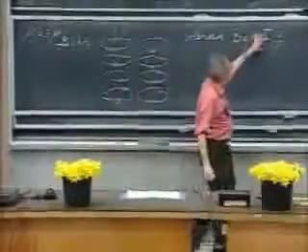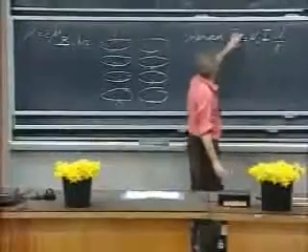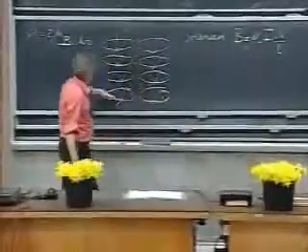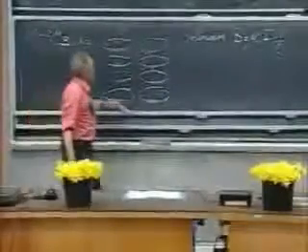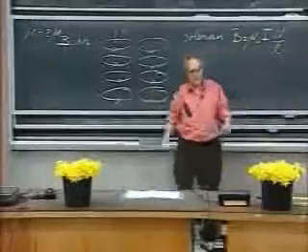So this is the number of windings of the solenoid per unit length, the number of windings per meter. If we could figure out for this arrangement what this quantity is, then we're in business.